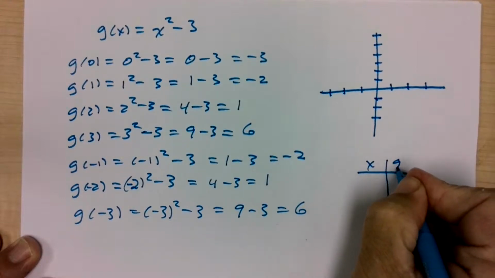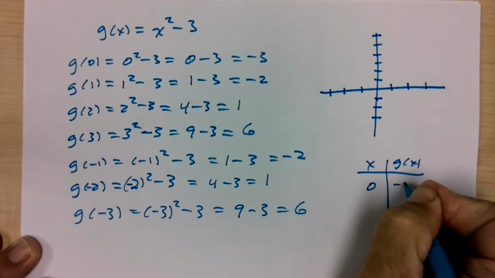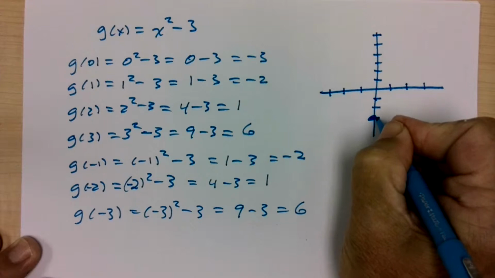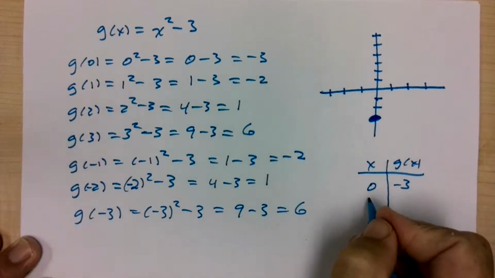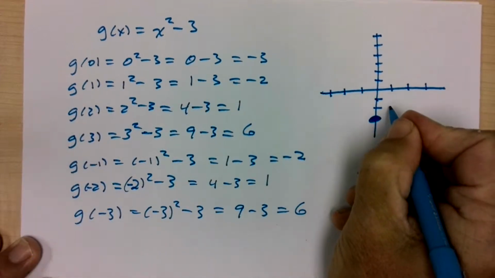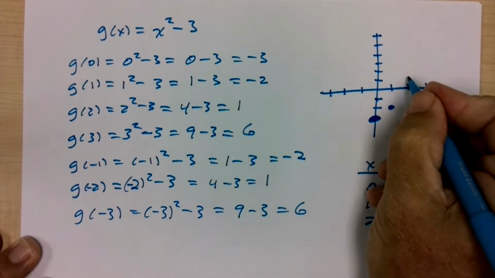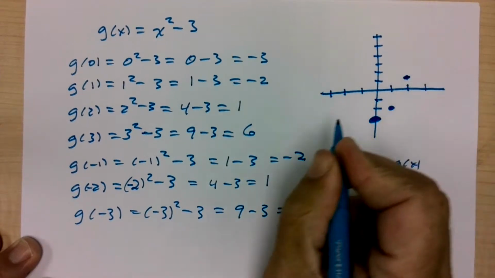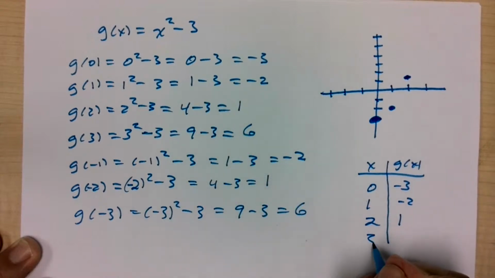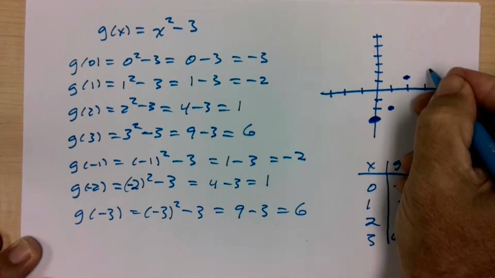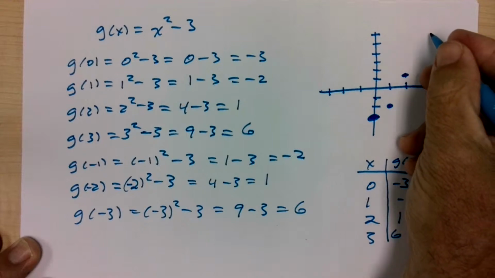So we have x and g of x, 0, -3, 0 on x, -3 on y, which is here. 1, -2, 1 on x, -2 on y. 2, 1, 2 on x, 1 on y. And then 3, 6, 3 on x, 6 on y, 1, 2, 3, 4, 5, 6 up there.